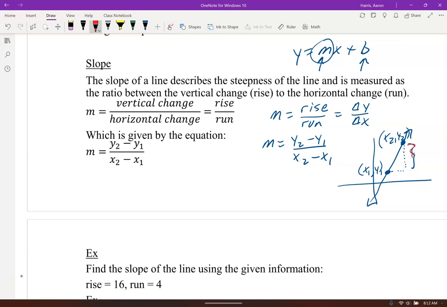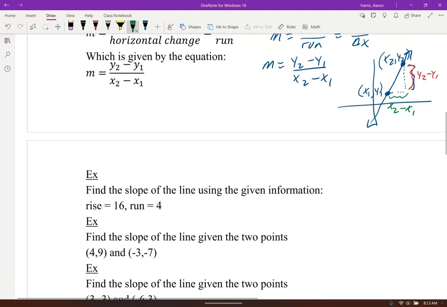This change right here is your y2 minus y1. That's your vertical change, the difference between those two y values. That's your numerator of the slope. And it's divided by x2 minus x1. That's your horizontal change. Again, that'll give you the steepness of the line when you divide those two.